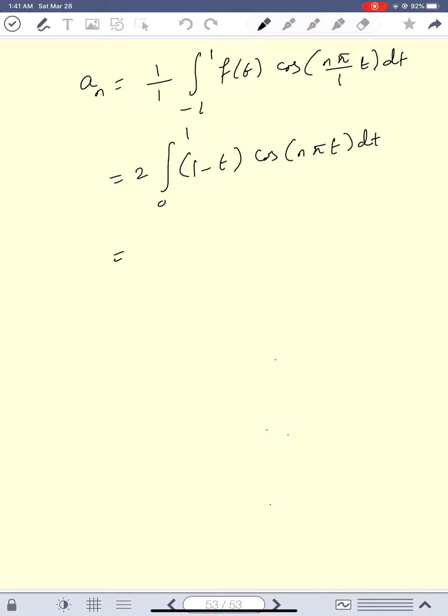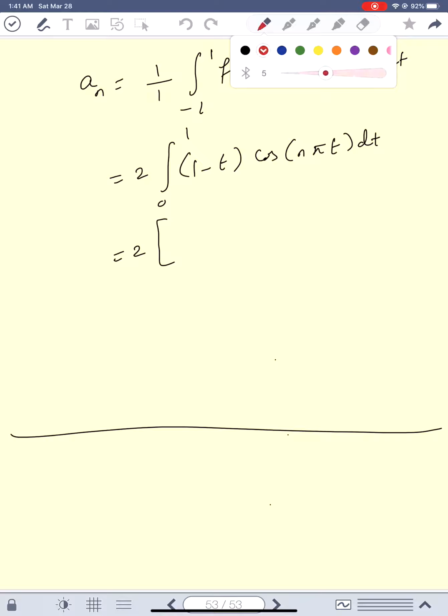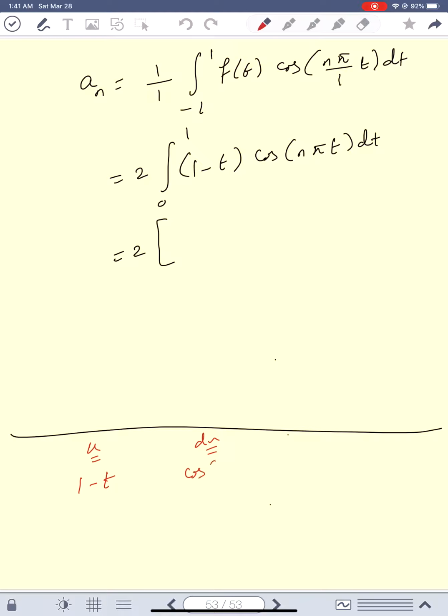This is, of course, integration by parts, so we need to do it as an integration by parts. Let's do it here. The u is 1 minus t, the dv is cosine(n pi t). Differentiate, integrate, then differentiate again, and integrate again, right?